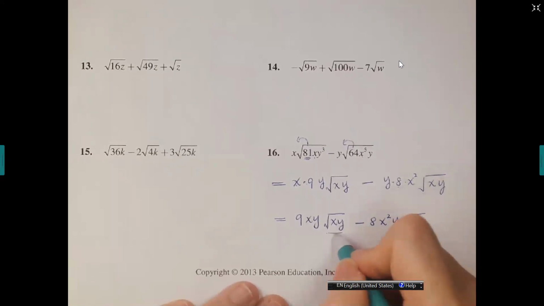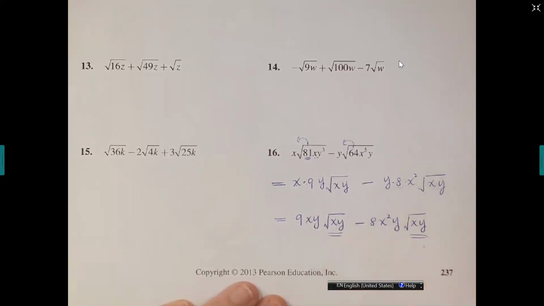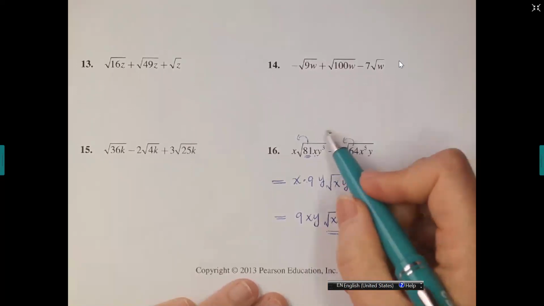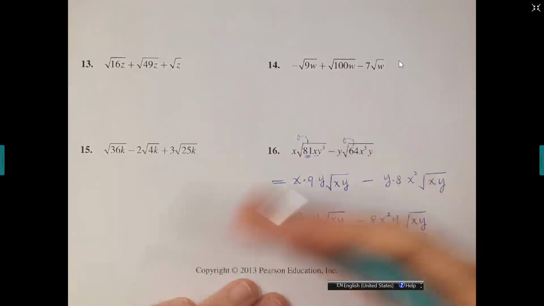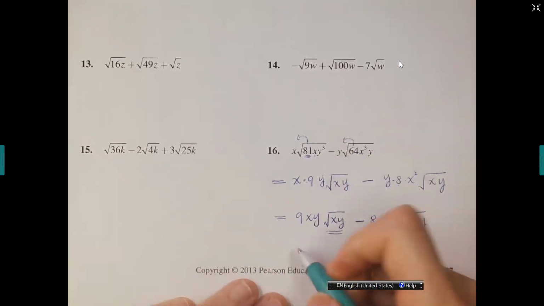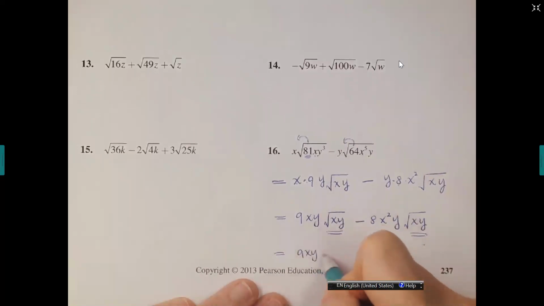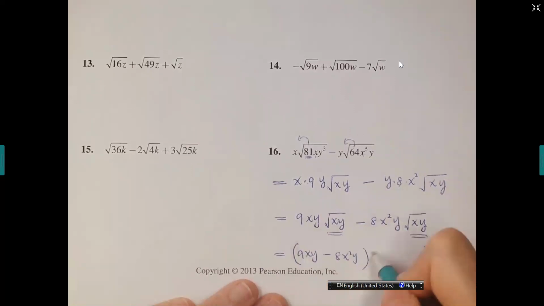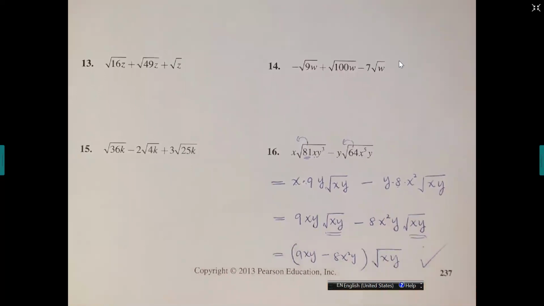The answer is yes, because they have the same radicand. Then we just need to combine the coefficients, no matter if it is addition or subtraction, same thing. 9xy minus 8x squared y in parentheses, followed by radical xy. Final answer.